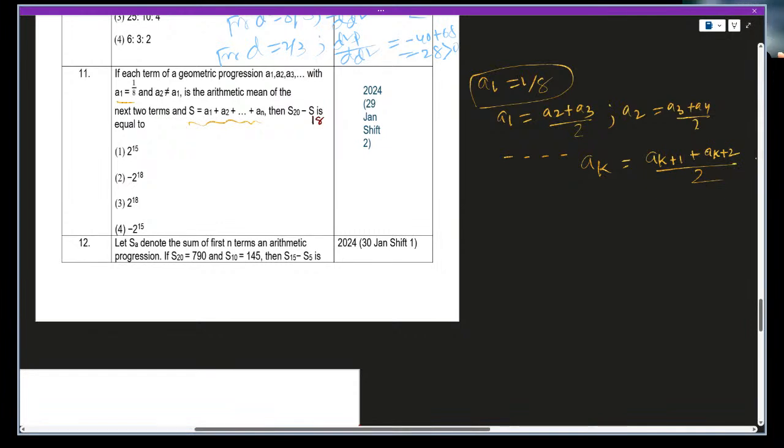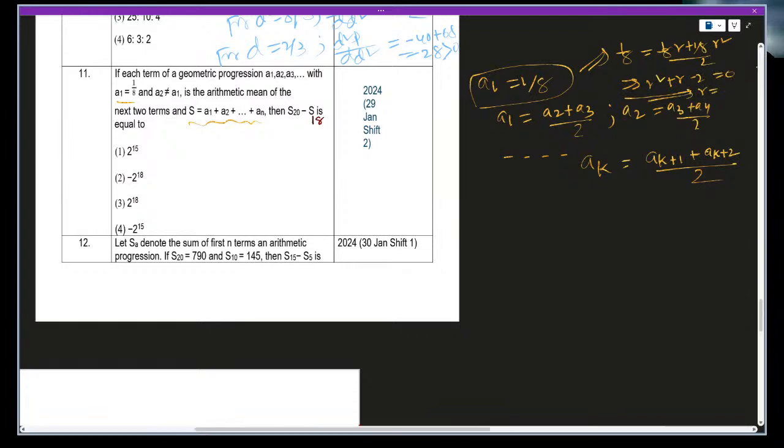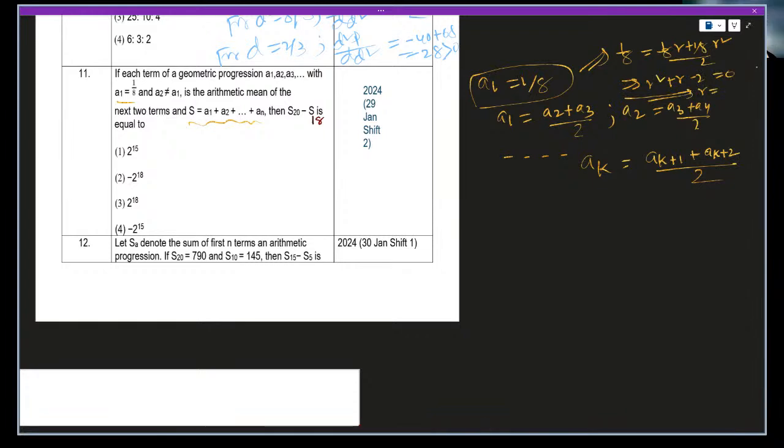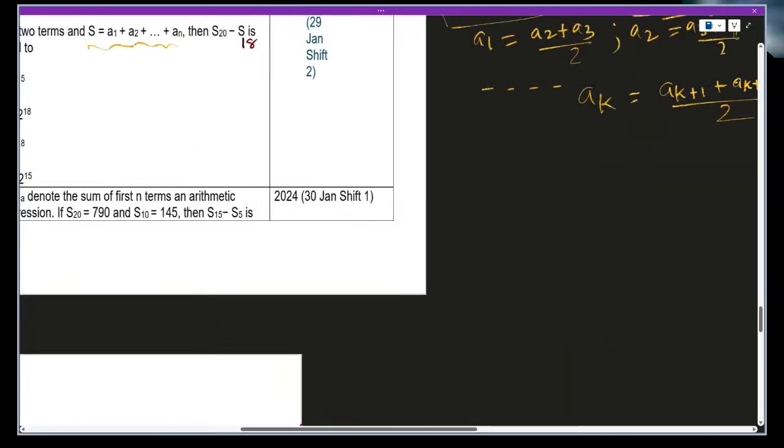Now, if you can find the common ratio, then everything is done. Can I get the common ratio from here by using this thing? Check once. A1 is what? 1 by 8. I think we are getting it. So R is going to be what? Factorize it. R plus 2, R minus 1, equals 0.